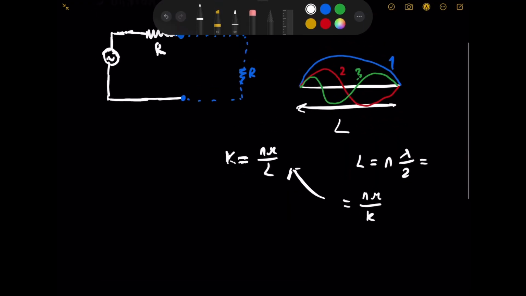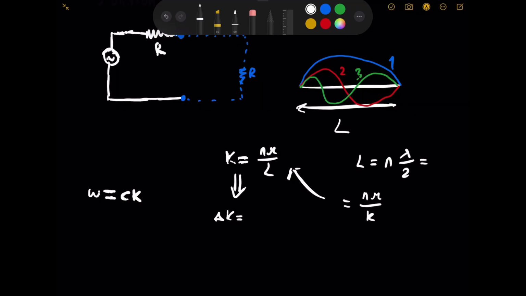And another relation is the dispersion relation, which is really famous, that omega is equal to c times k. c is the speed of the waves, omega is the angular frequency, and k is the wave number. And if we just look at delta k here, that's going to be the wave number difference between consecutive wave numbers.